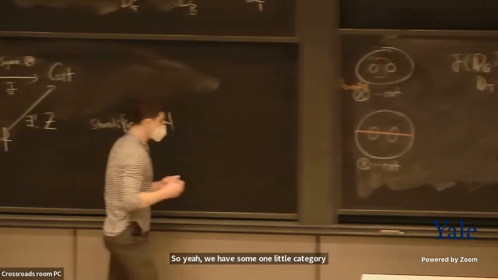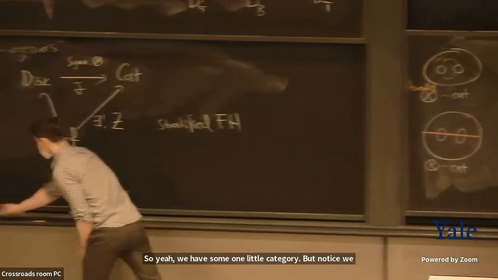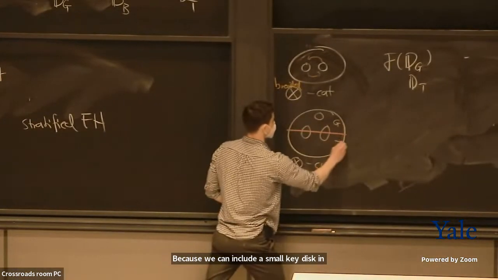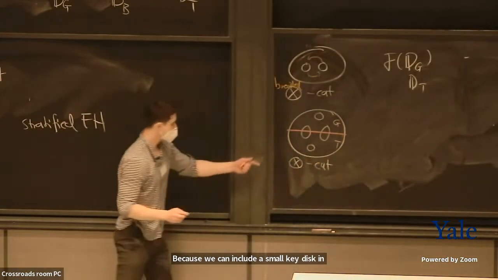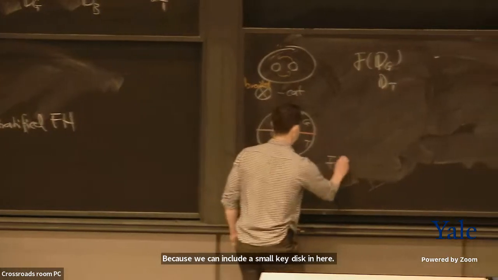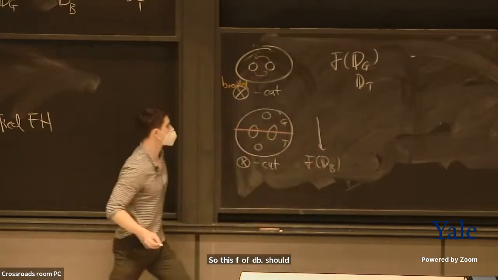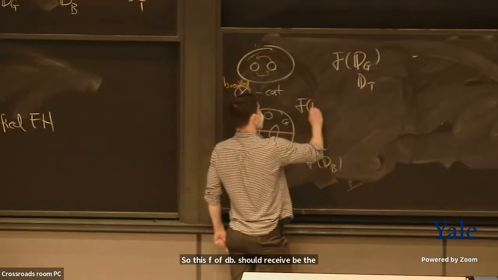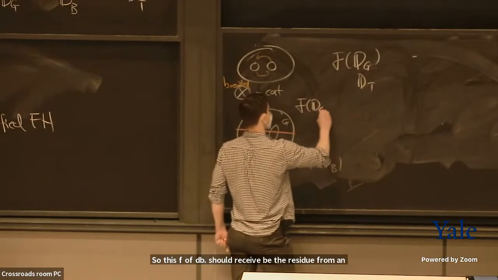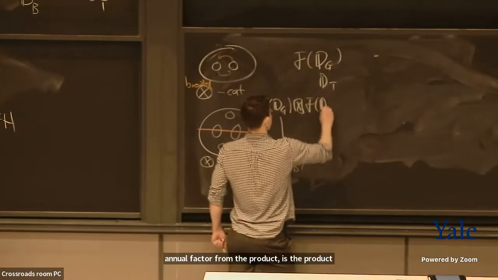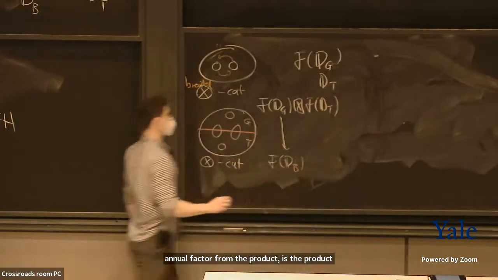But notice we do have some additional structures, because we can include a small G disk in here, or a small T disk in here. So this F of the B disk should be the recipient of a monoidal functor from the product of our categories assigned to the G disk and the T disk.